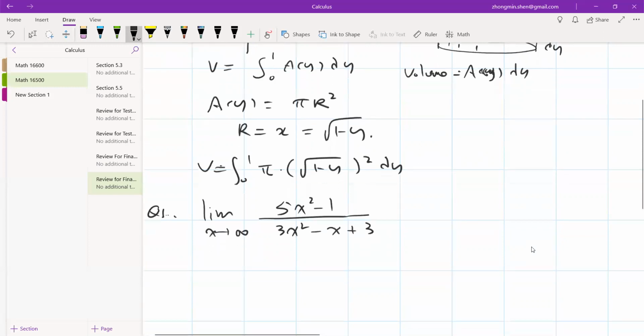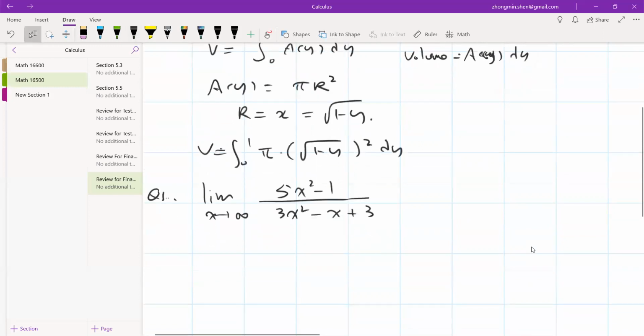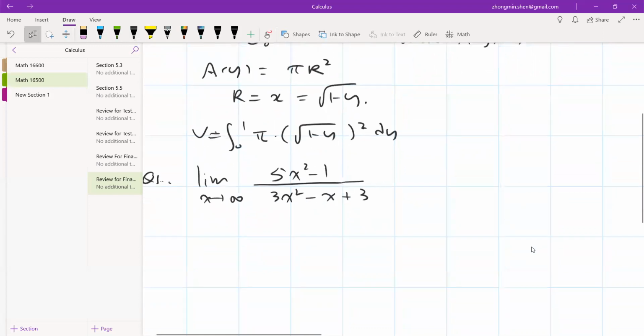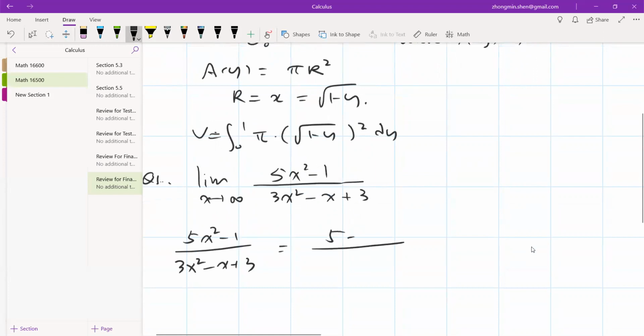So this is a limit as x approaches positive infinity. And to solve the problem, you just need to modify the expression, right? 5x squared minus 1 over 3x squared minus x plus 3. It's just divided by x squared. The numerator divided by x squared, the denominator divided by x squared.